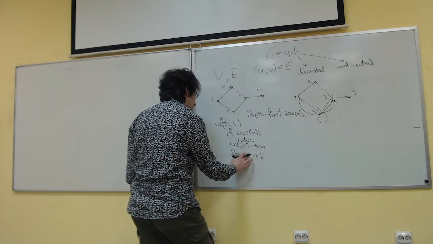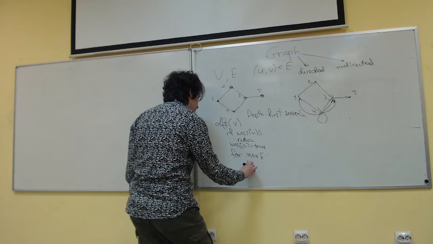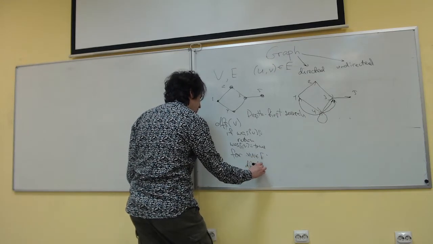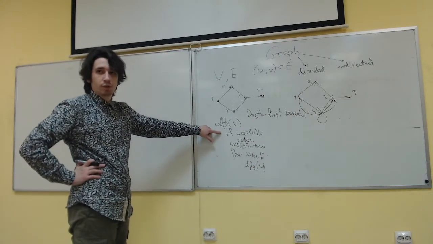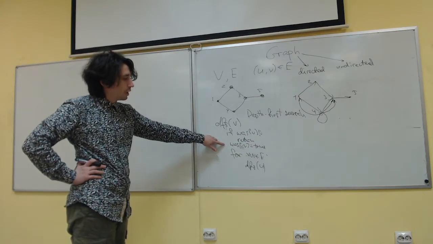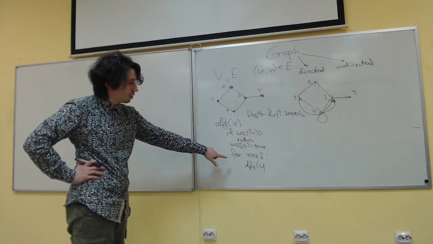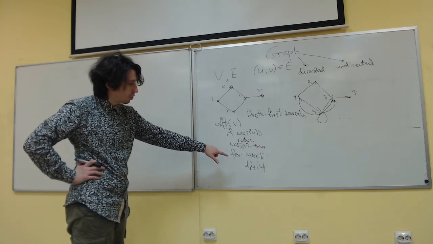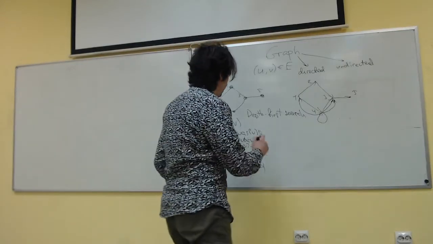For each edge V to U, DFS of U. So what we did here: if we already visited this vertex, then do nothing. Then we mark that we already visited this vertex, and for each edge that is outgoing of V, we run DFS of U.